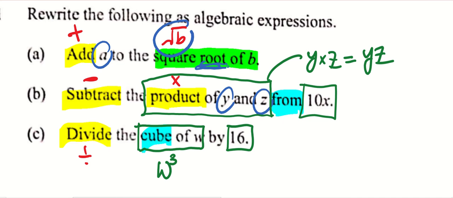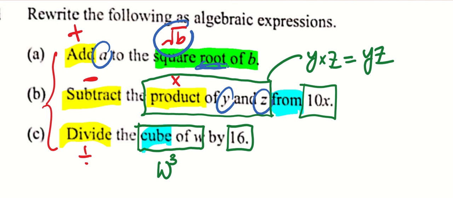Let me summarize that again. First, look at the first operation, the first word, the first operation that comes in the sentence. That's what you're going to do overall. Now, whenever you do an operation, it is between two items or more.